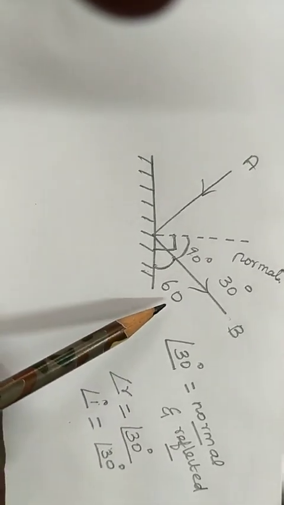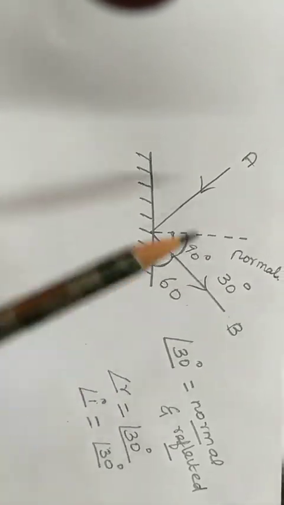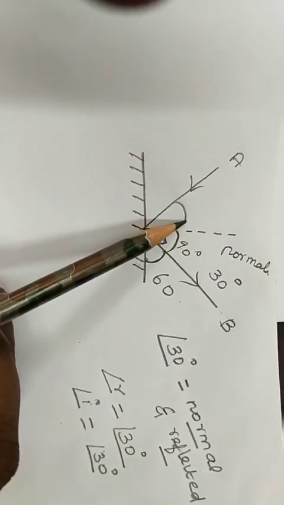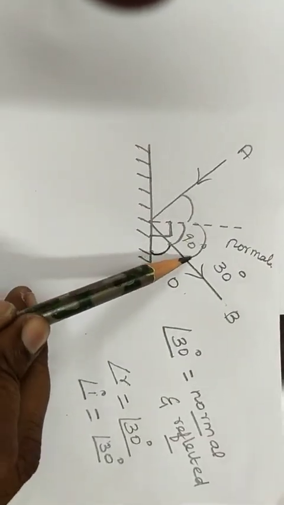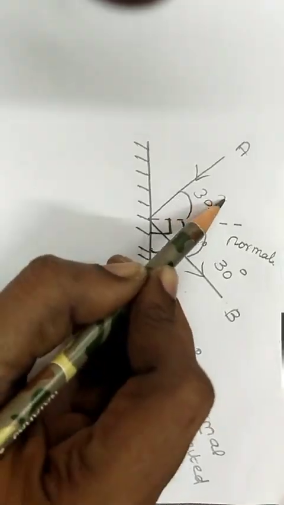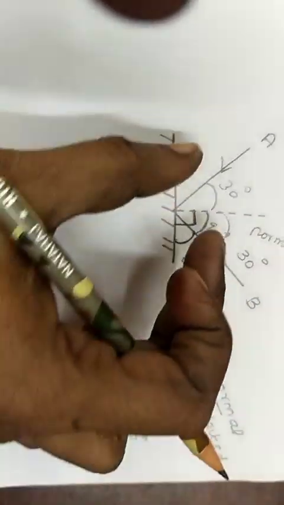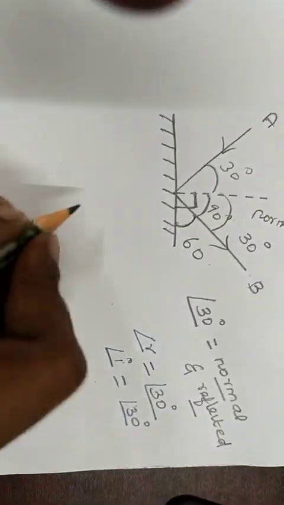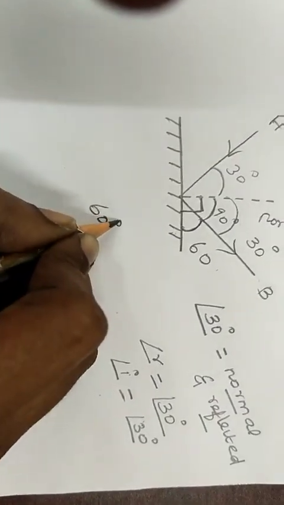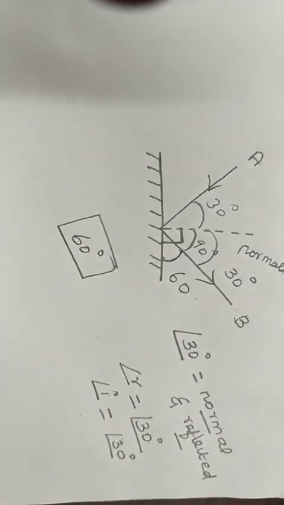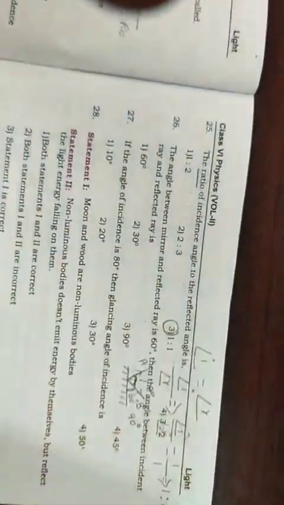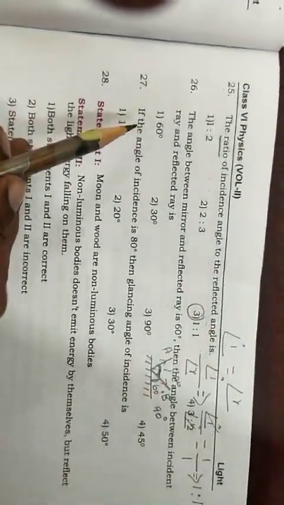So in the question, we have to calculate the angle between incident ray and reflected ray. This is 30 degree and this is also 30 degree, means the whole angle is 60 degree. So what is the correct answer? 60 degree. Is there any option 60 degree? Option 1.